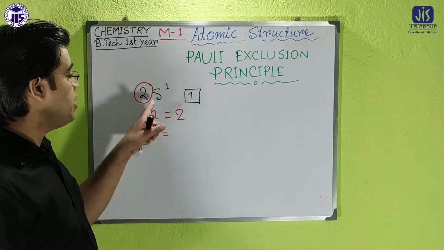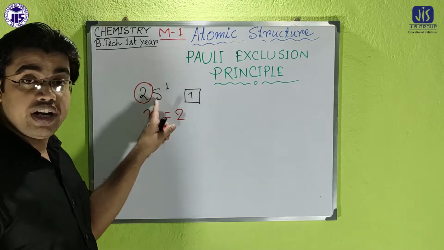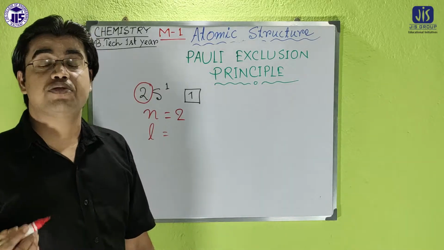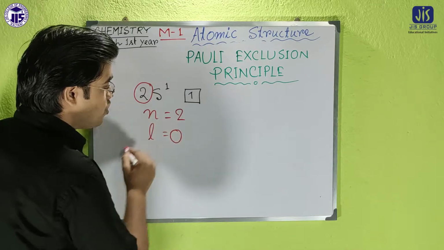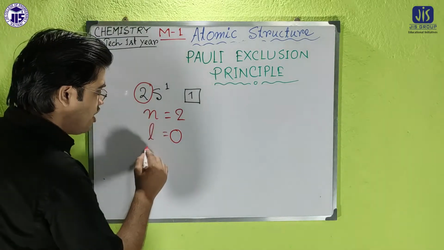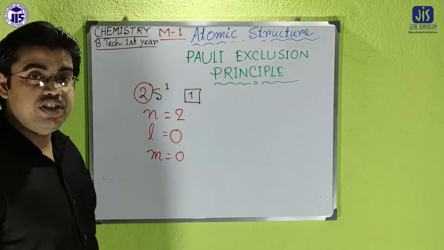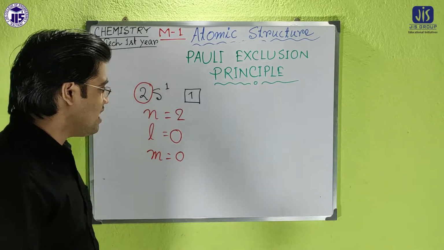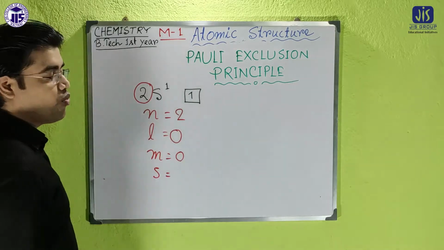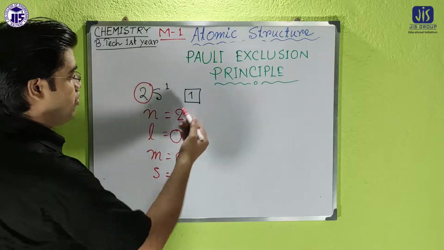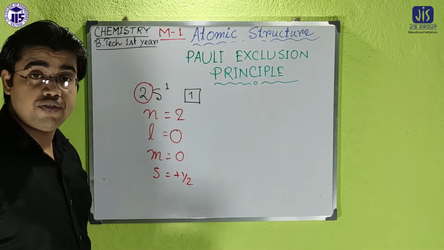Azimuthal quantum number will be 0, because here s subshell is denoted. That means l equals to 0. If l equals to 0, magnetic quantum number m equals to obviously 0. Then the remaining part is the s, s means spin quantum number. So for example, we are taking the first one, this is plus half.